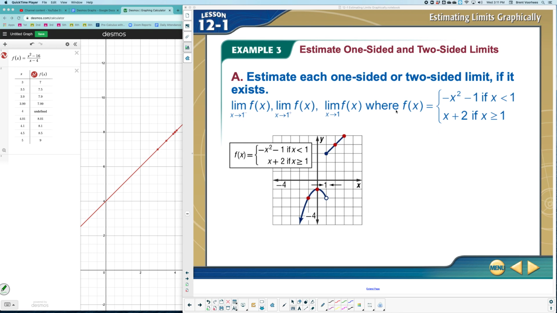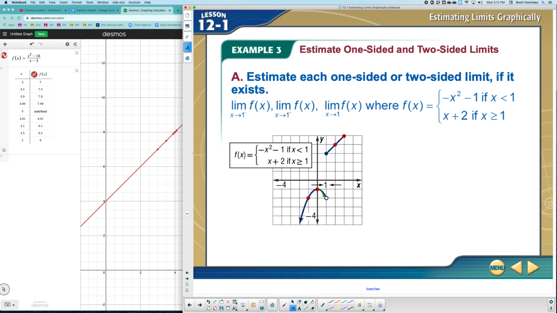So here's part A. Given this graph, which is this equation f of x, we want to estimate the left-hand limit, the right-hand limit, and if we can, determine the entire limit. So on this graph, as we're looking at the value 1, as this graph approaches the value 1, what we can notice is the y values here.